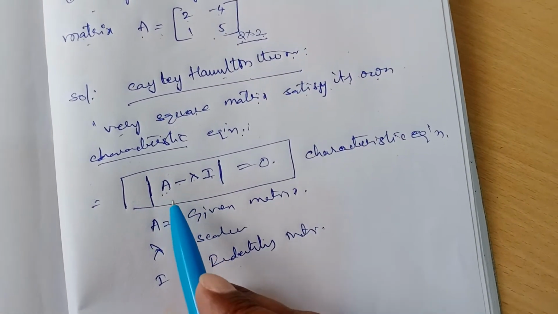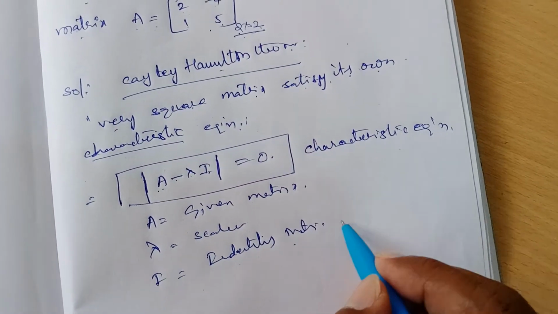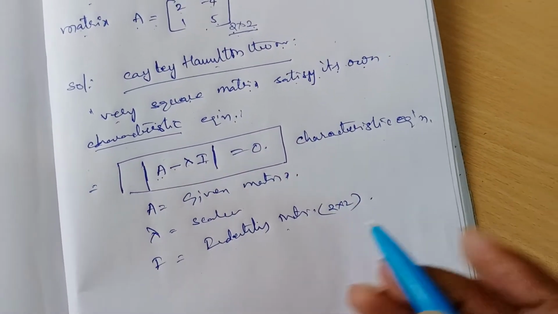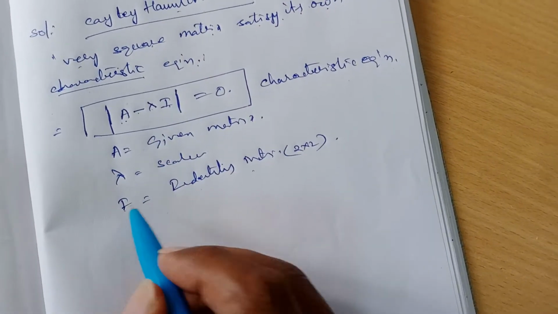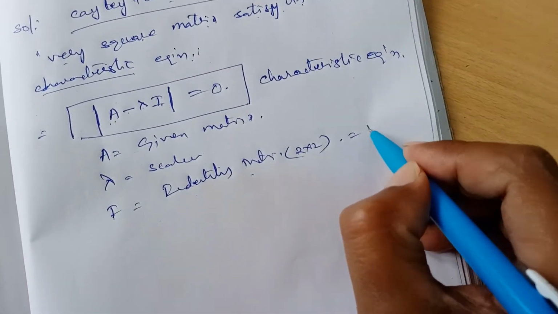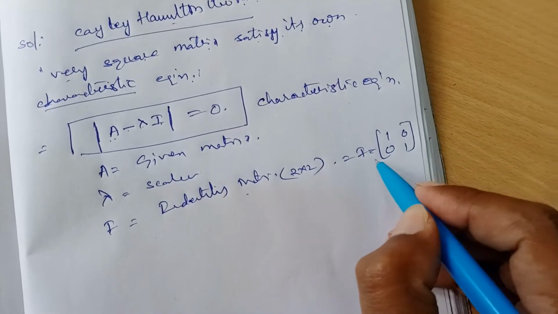See here, the given matrix is 2 by 2, so here I is also 2 by 2. Which means I is equal to [1 0; 0 1]. This is the I matrix.